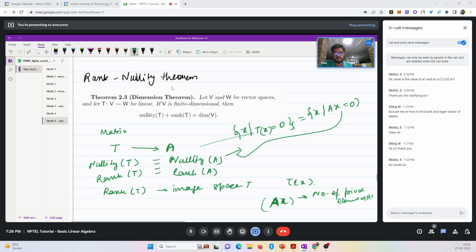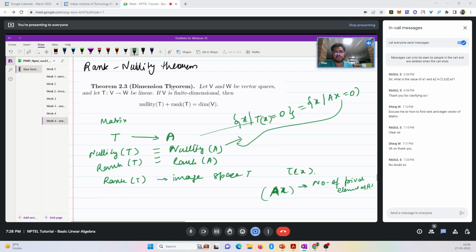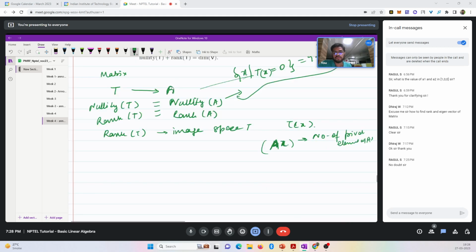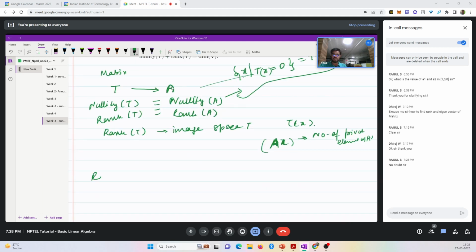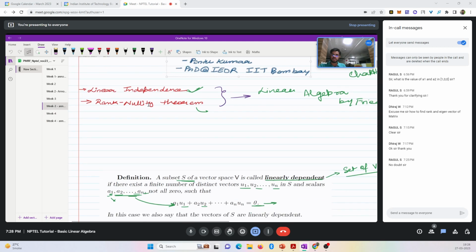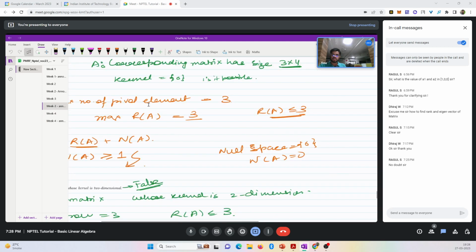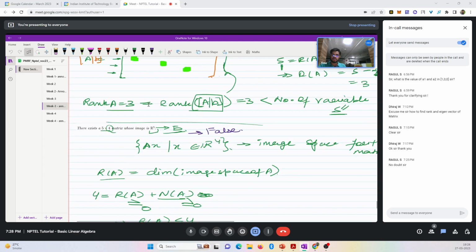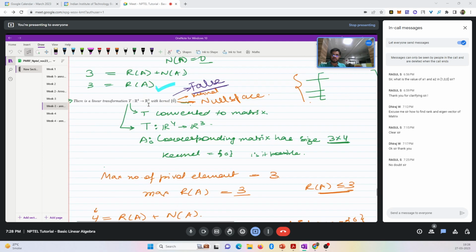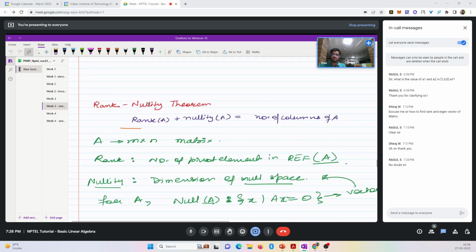Now, the last thing that we had, for a matrix, was rank plus nullity. I think it was in the previous week. Just a second. I think it was the number of columns.